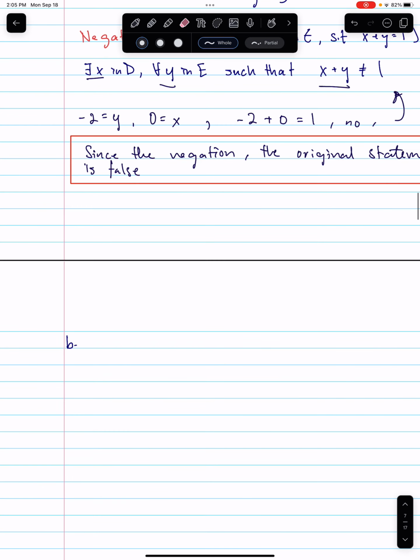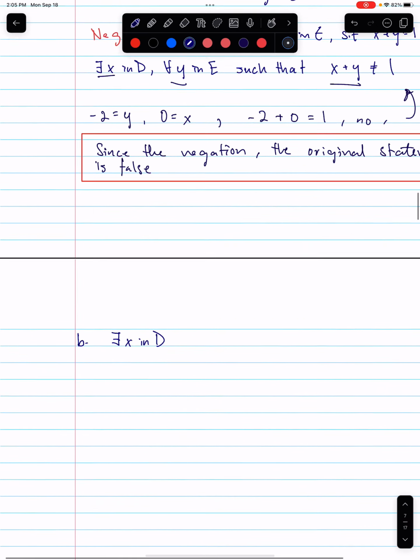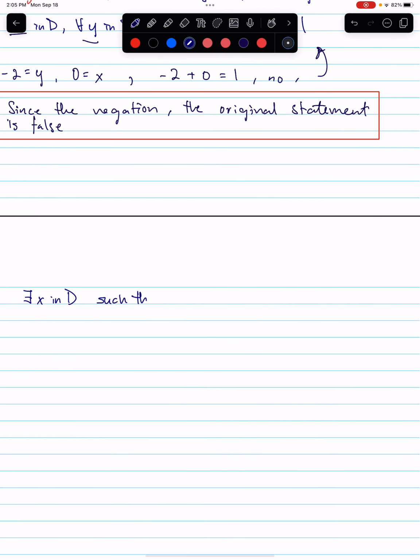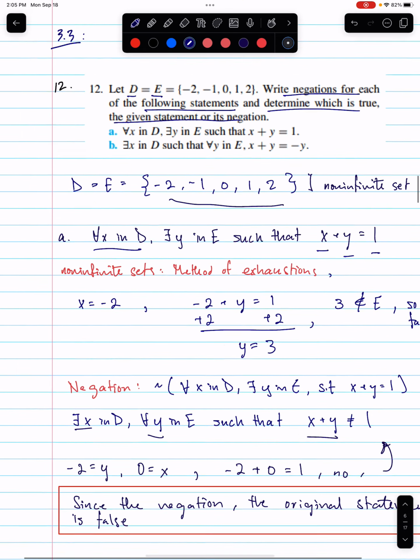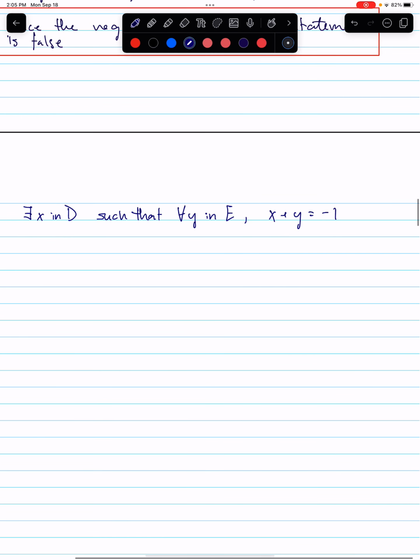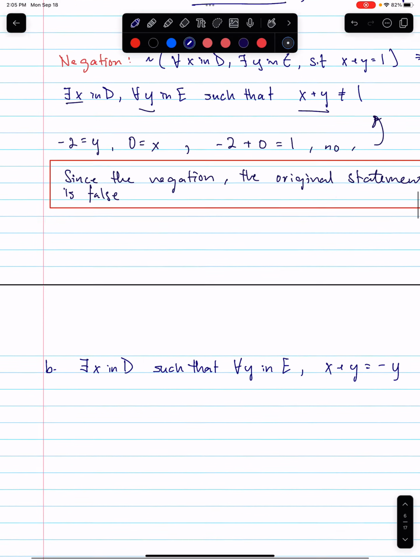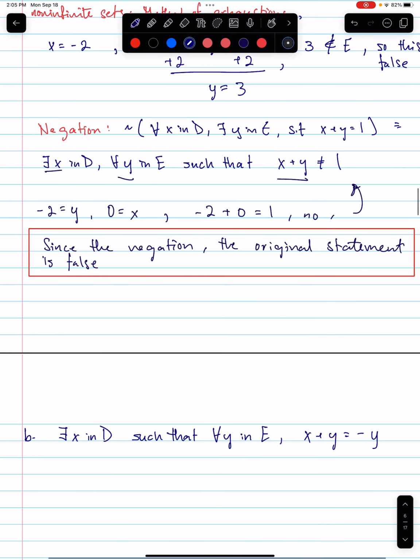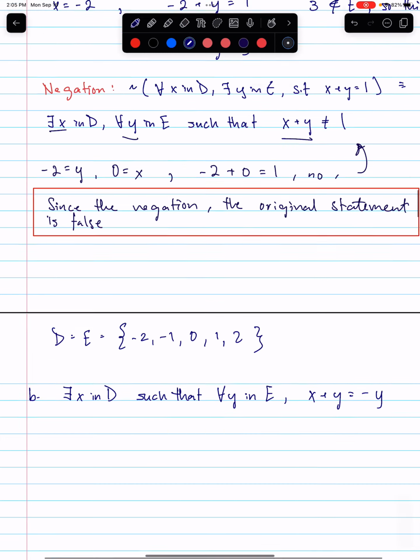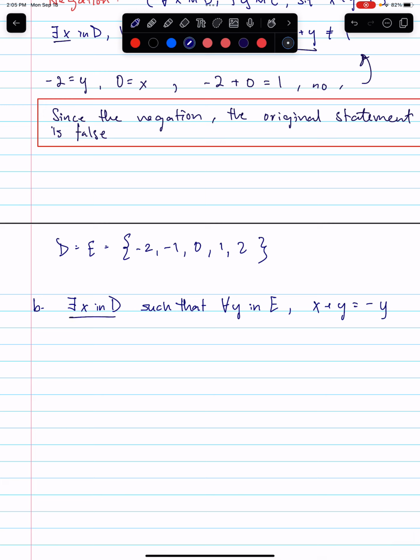And B says, x plus y equals negative y. I'll just put the set here again. Okay, so it says there exists some x in D such that for every y, x plus y equals negative y.